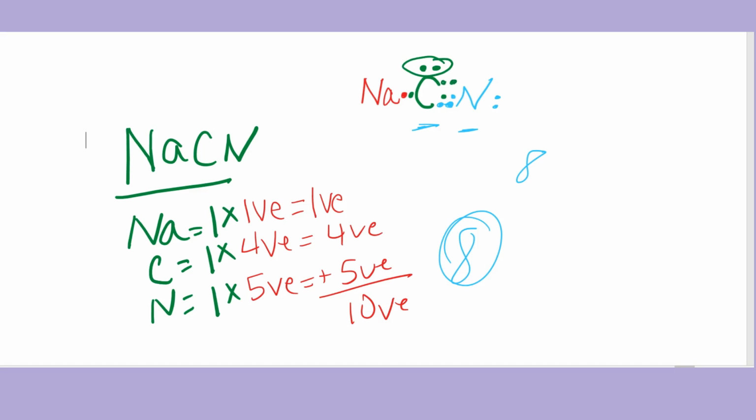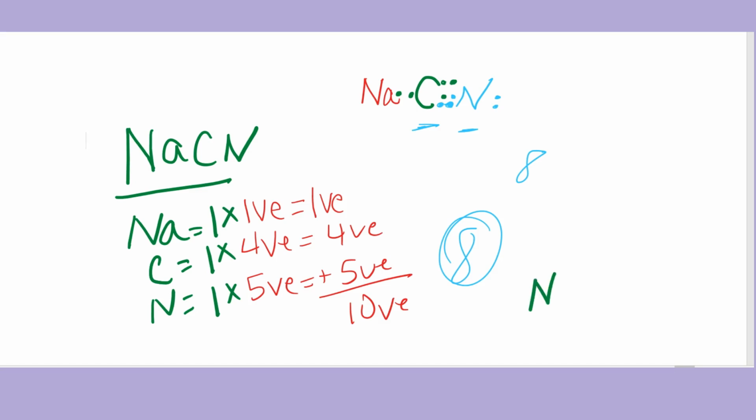So they both can have 8. So when you do that, you end up with 2, 4, 6, 8 around carbon and 2, 4, 6, 8 around nitrogen. But we've got to redraw this picture so we can see the final picture and the final assessment.